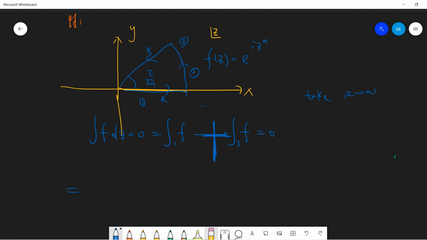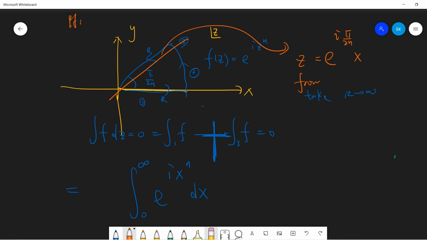Okay, so what is the first term? The first term is just the standard integral. So the first term is the integral of exponential i x^n dx from 0 to infinity, since we already take R to be infinity. And then what is the third term? The parameterization for the third line will be just z equals exponential of i pi divided by 2n times x, right? But x from R to 0. Since we take R to infinity, it goes from infinity to 0.